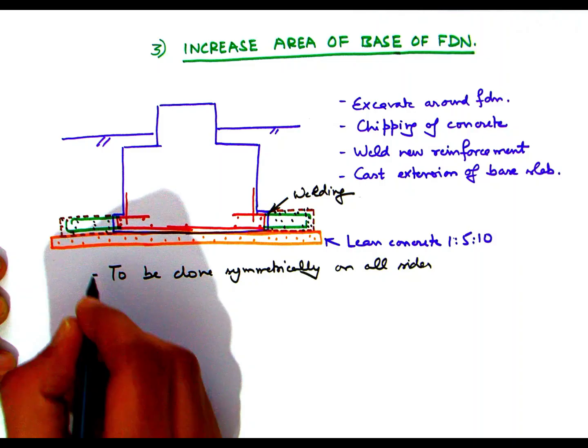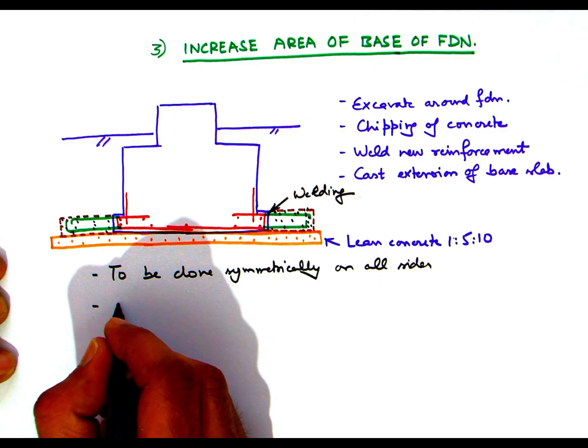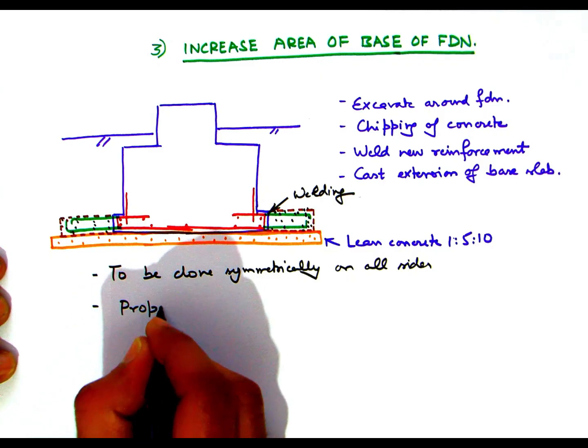Now this process increases the mass of the foundation system also, but because the extension has been applied to the base slab only, the proportion of increase in stiffness is much higher as compared to the proportional increase in mass.